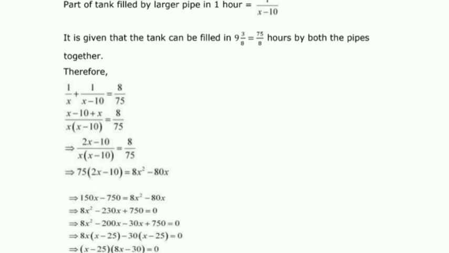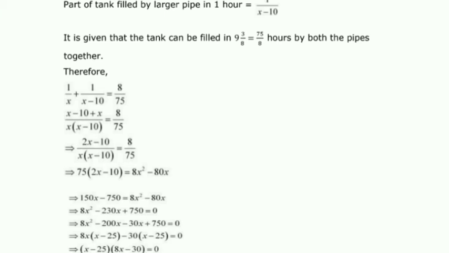Now we need to factorize it and then find the value of x. Okay, by the factorization method, just middle term split. We will use middle term split, and the middle term is 230x. So we have to separate minus 230x into two parts, which will help in factorization.